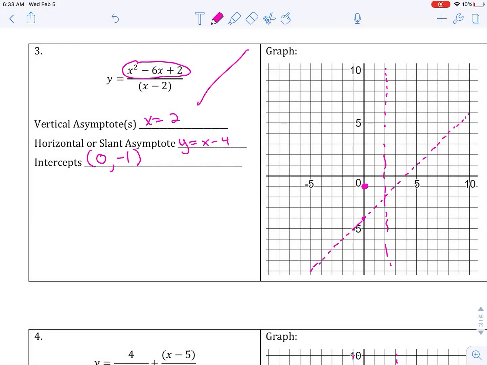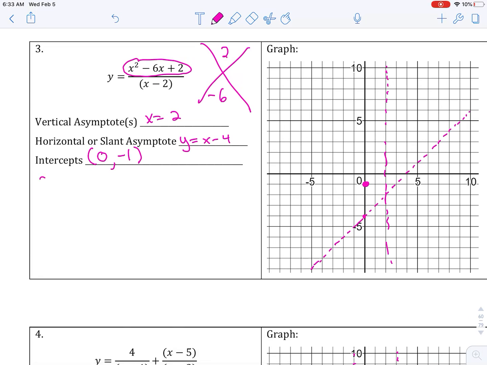I start by trying to factor with a equal to 1, and I quickly discover that there are no whole numbers that multiply to 2 and add to negative 6. That doesn't mean that it doesn't have real roots, though.